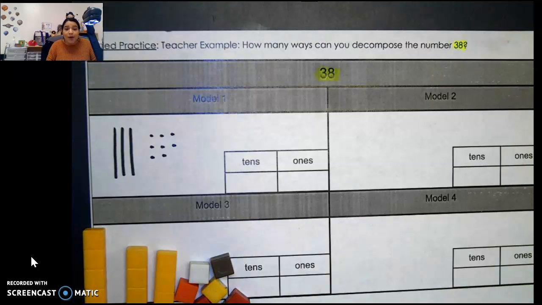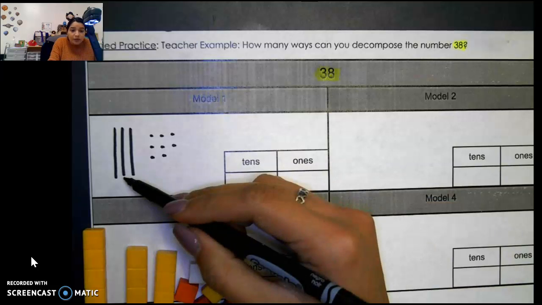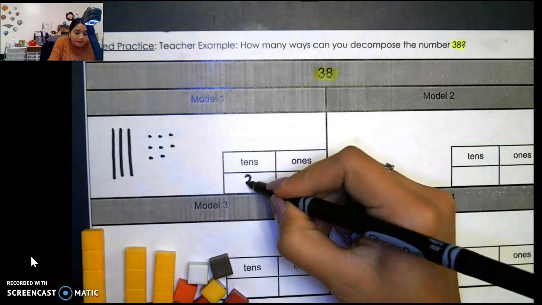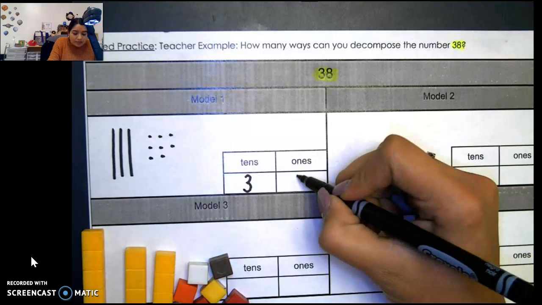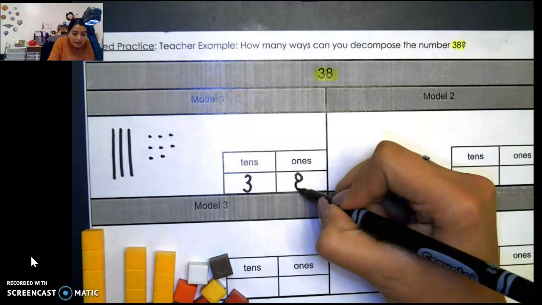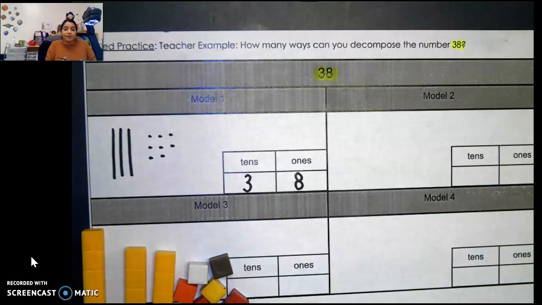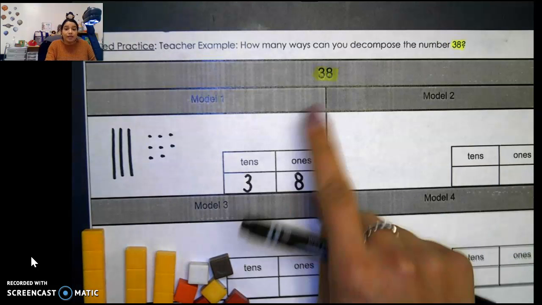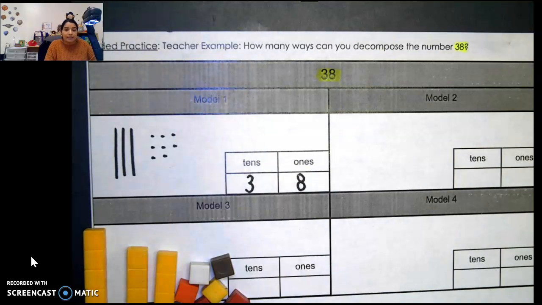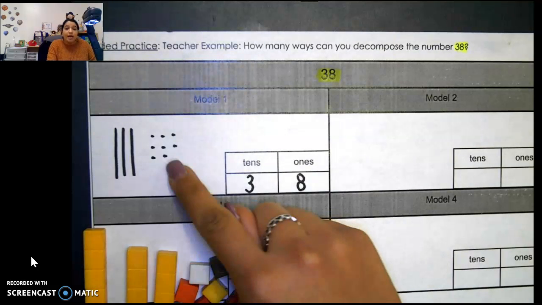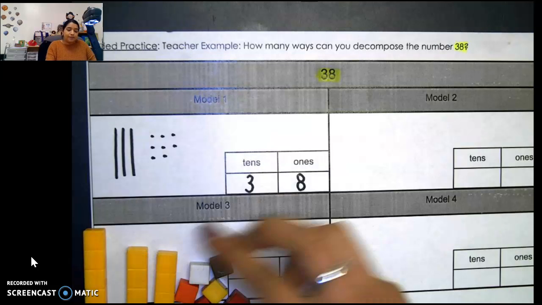So one way I can show 38 is with 3 tens and 8 ones. So that's my first way that I can draw and model 38. 3 10 blocks and 8 ones.